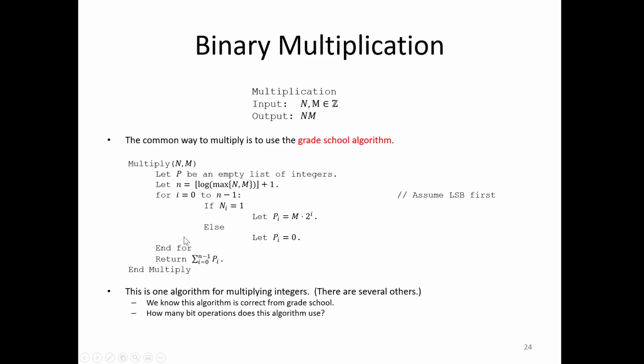Now, if you think back to the grade school algorithm, when you're computing one of these intermediary products, you're going to take one of the bits, or if it's base 10, one of the digits of the number, and you're going to multiply it against the whole other number to get one of your intermediary products. Now in binary, this makes things a little bit easier because the bit that we're going to compare here will be ni, and we're going to check it.